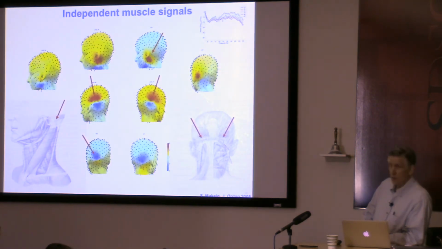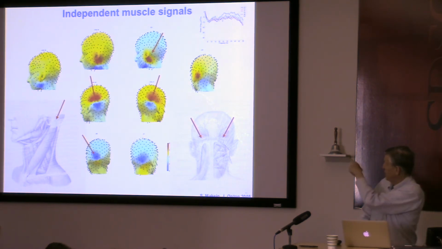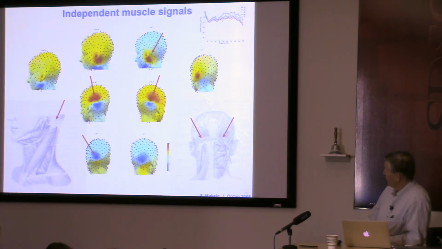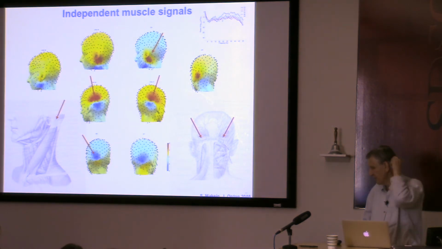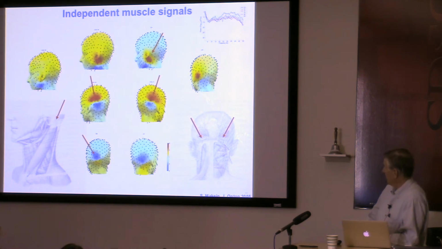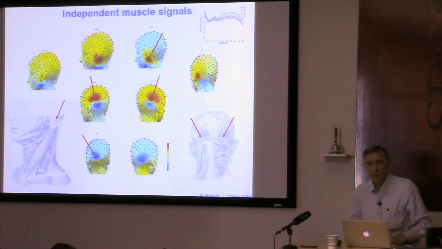Now, as I said, you can separate out several muscles. So this is from one data set, several muscles, from 256 channel recordings. And you can see the polarity reversal is characteristic. The polarity reversal occurs at the end of the muscle, at the insertion of the muscle into the tendon. And by looking at Gray's Anatomy here, you can see which muscles these are.